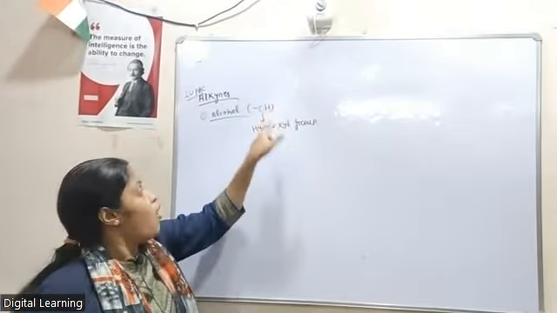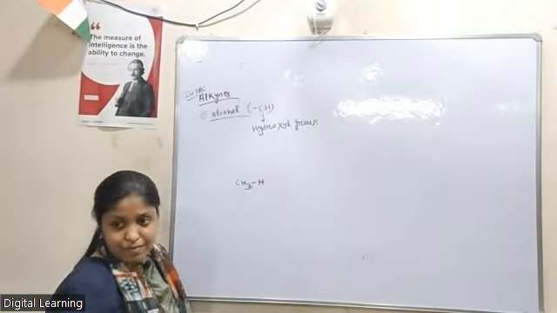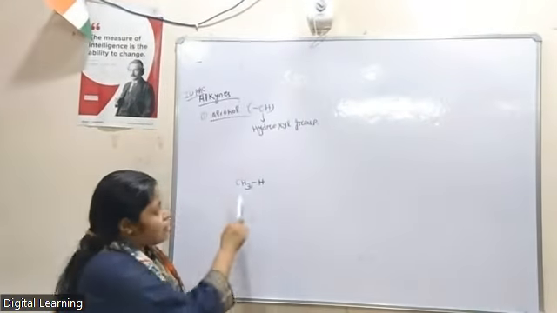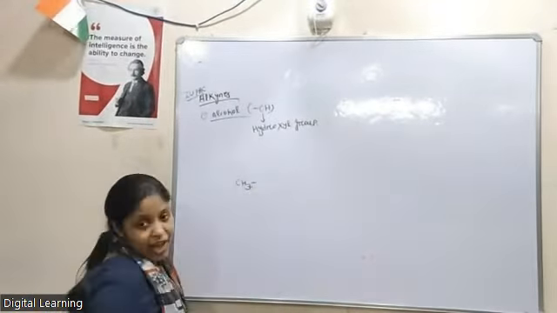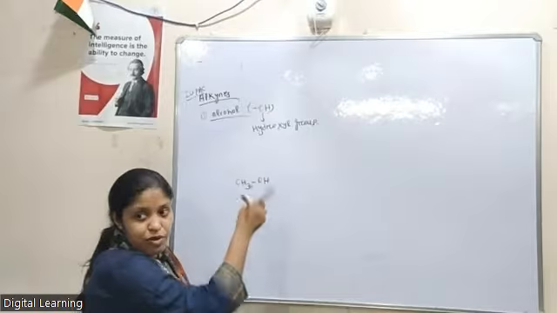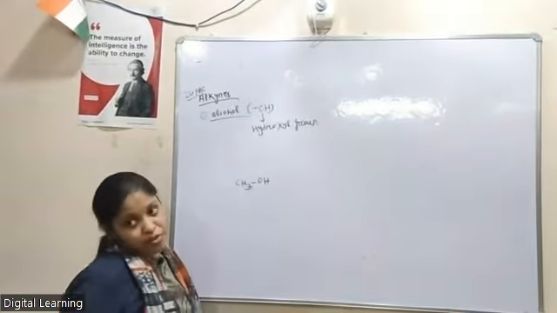There will be a general formula and a general representation. Suppose I write methane, CH4. Here we have replaced one hydrogen atom by an OH group.